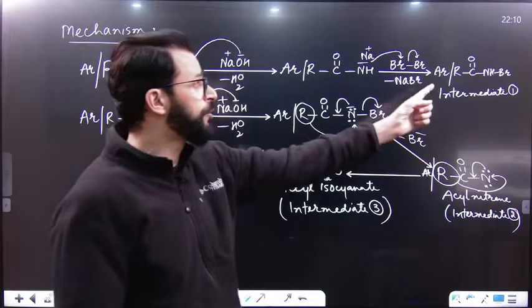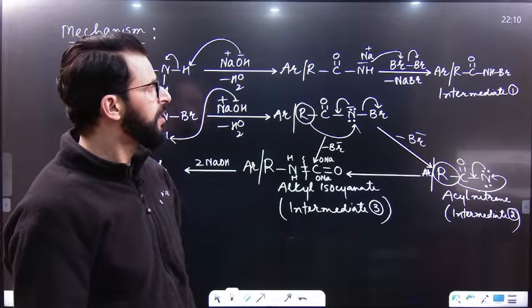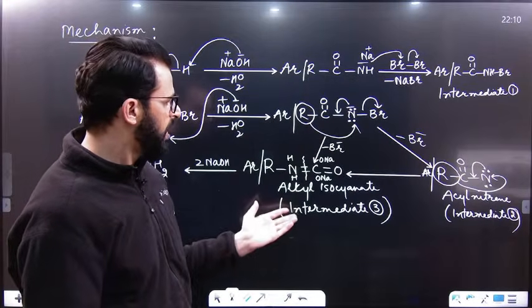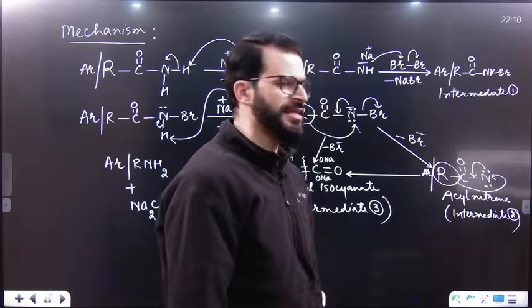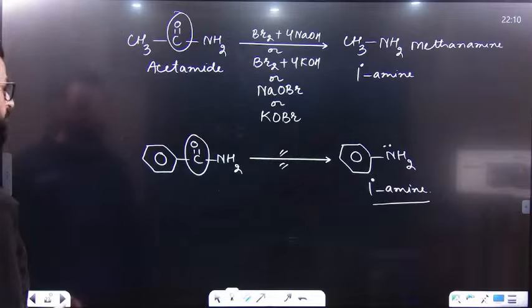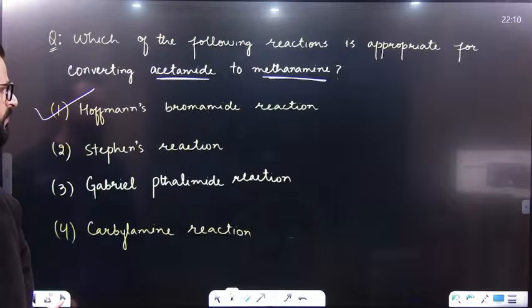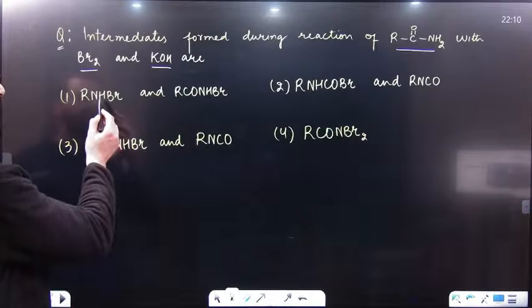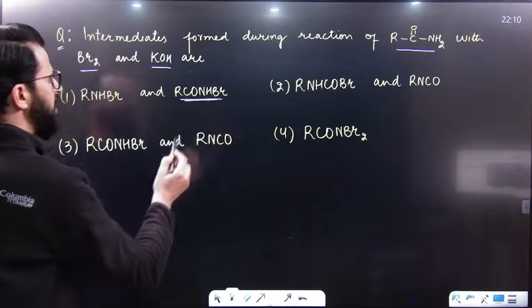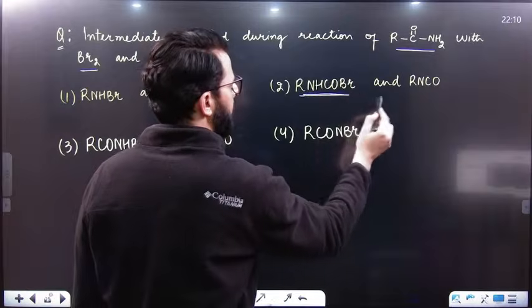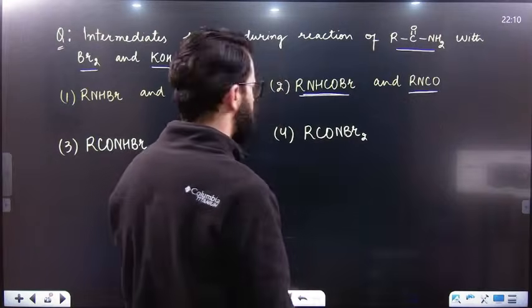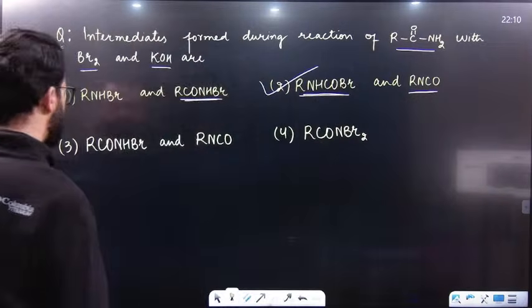After that, alkyl isocyanate can be an intermediate, and another is acyl nitrene. Have a look. This can be an intermediate, but this is not the intermediate. This is the intermediate, and this is also an intermediate, alkyl isocyanate. That means this will be the answer.